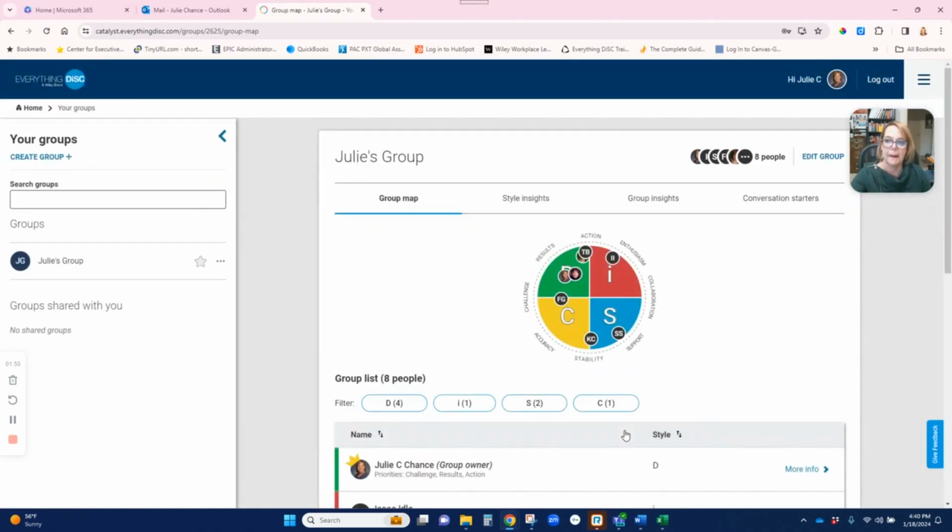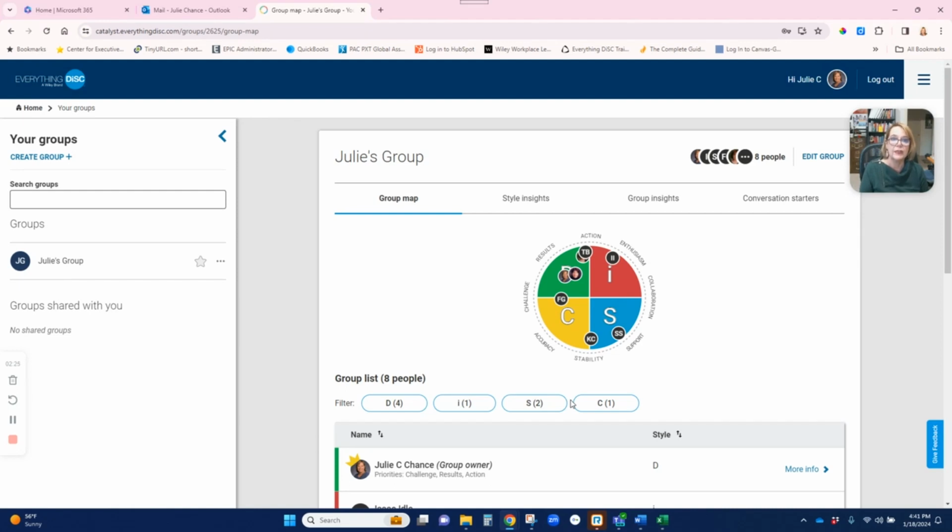and you'll see here that I have already built a group, created a group. It's called Julie's Group. And this little crown down there indicates that I'm the crown owner, or the group owner. There's been a couple of updates and changes in addition to the group maps function that I want to let you know about. And that is, you can now share it. You can create a group, whether you're a facilitator or a team leader or a participant, a team member, you can create a group and share it with your colleagues.